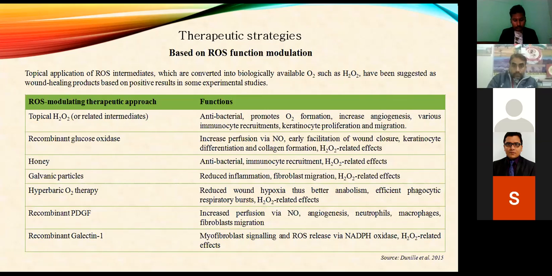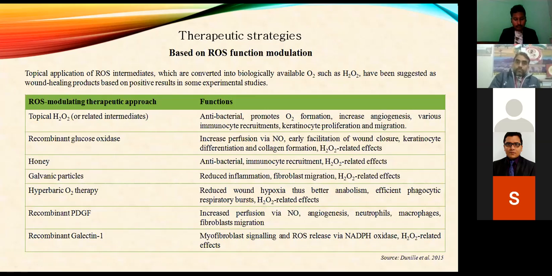It also recruits immunocytes, meaning neutrophils, lymphocytes, and monocytes, to the wound site, and it also has hydrogen peroxide related effects. Galvanic particles are charged electron particles in which electric current passes through the wound for the migration or polarization of fibroblasts. So it reduces inflammation, causes fibroblast migration, and shows hydrogen peroxide related effects.